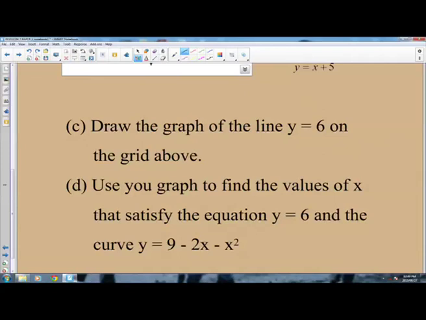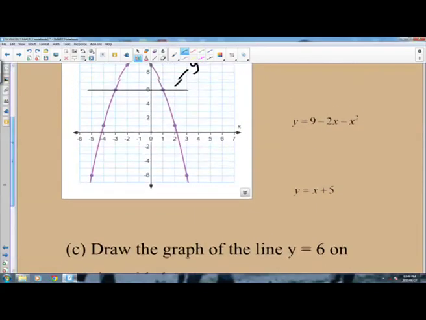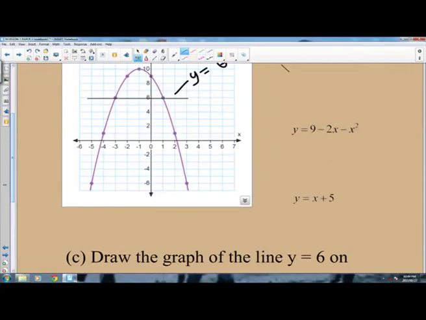The solution to this will be the points where the line cuts the curve. So in our diagram, we can see that the line is cutting the curve at x equals -3 and at x equals 1. So those are the solutions of this equation. x equals -3 and x equals 1, because that's where the line cuts the curve.